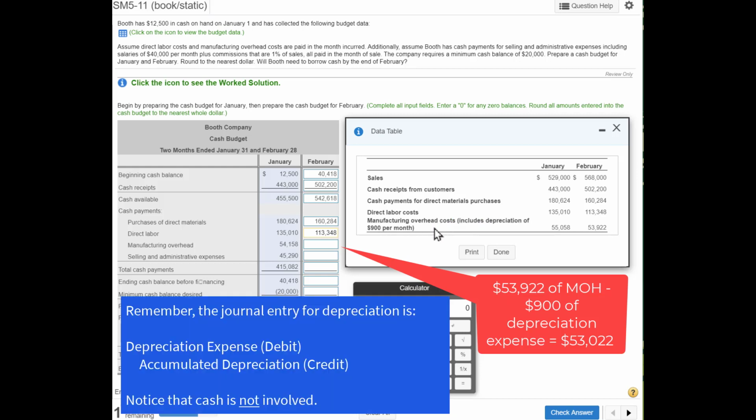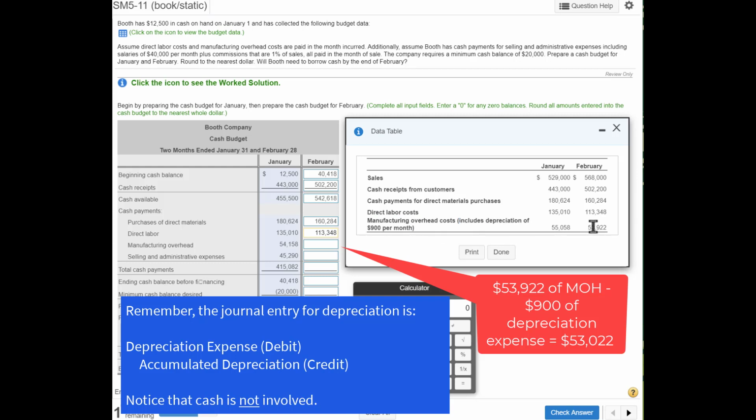So that overhead includes depreciation that did not affect cash. Remember, manufacturing overhead are things like the plant utility costs, the plant property tax, the plant depreciation, and depreciation on the machines. So those include cash transactions except for the depreciation of 900.